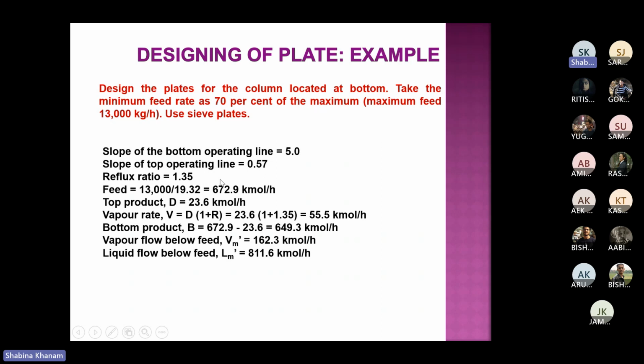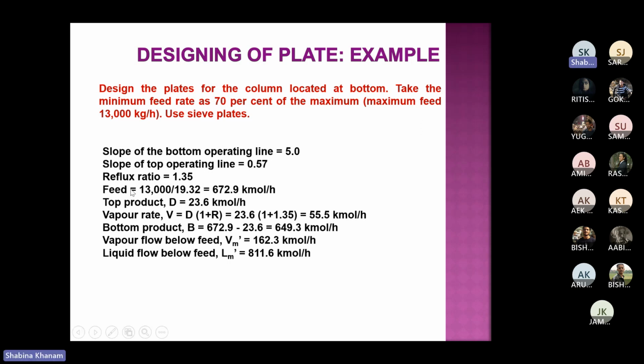Reflux ratio 1.35. Feed is basically 13,000 divided by the molecular weight, which you can see in the example. Because this example, whatever I am considering, they have considered to calculate other parameters also, and somewhere you will find this 19.32 as molecular weight.